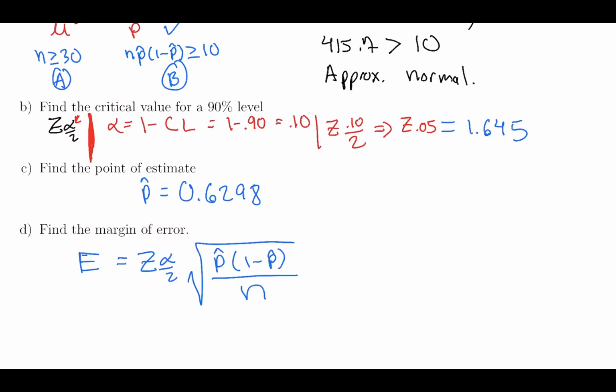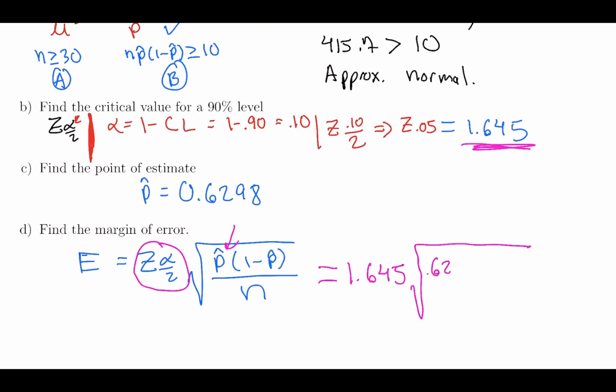So right now what I'm going to go ahead and do, I'm going to go ahead and substitute everything in. So Z, I already found this to be 1.645, so we'll put 1.645. We'll put radical. If you look at it, you get p hat, which is 0.6298.